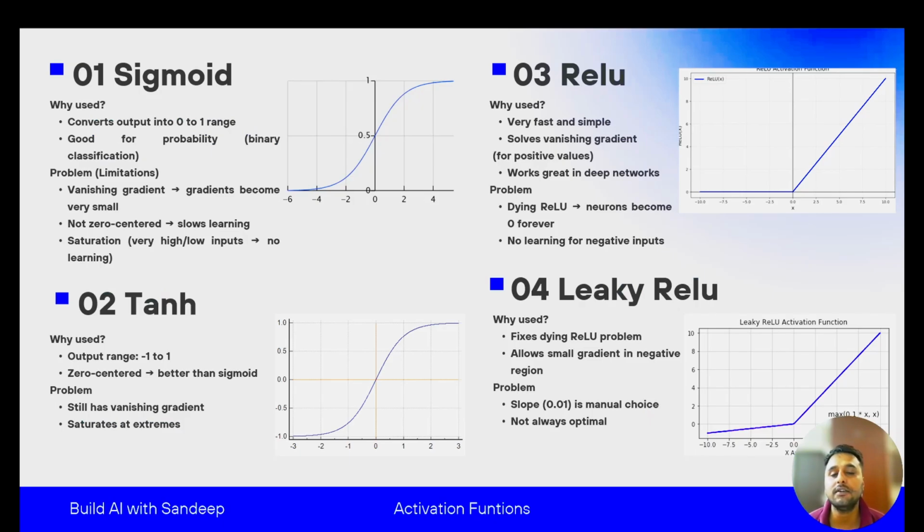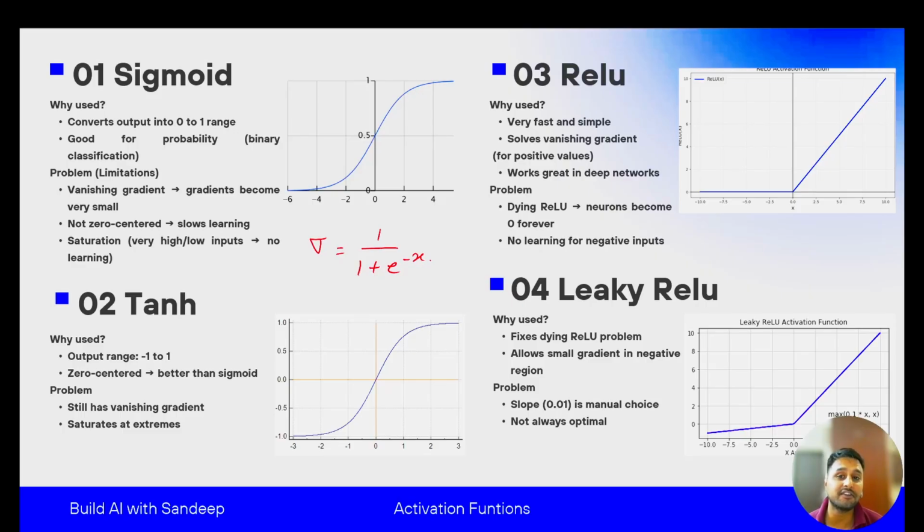Now, first let's understand what the sigmoid activation function is. First let me write the formula of sigmoid. This is the formula of the sigmoid activation function, and the graph you can see on my screen ranges from 0 to 1.